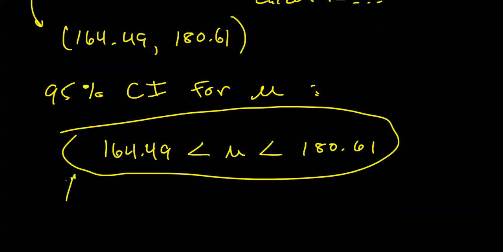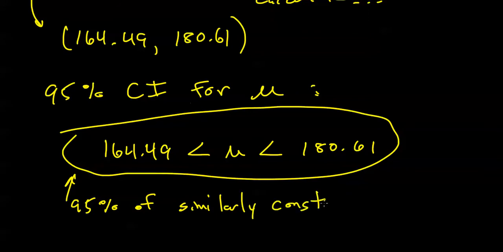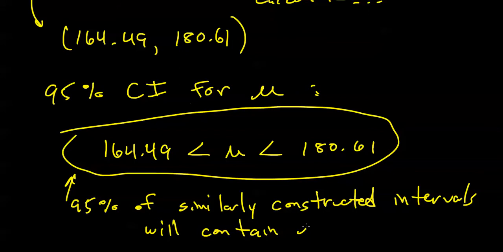Alright, and again, much like in section 7.2, I can claim that 95% of similarly constructed intervals actually contain mu. Okay, again, based on techniques of probability and statistical inference.